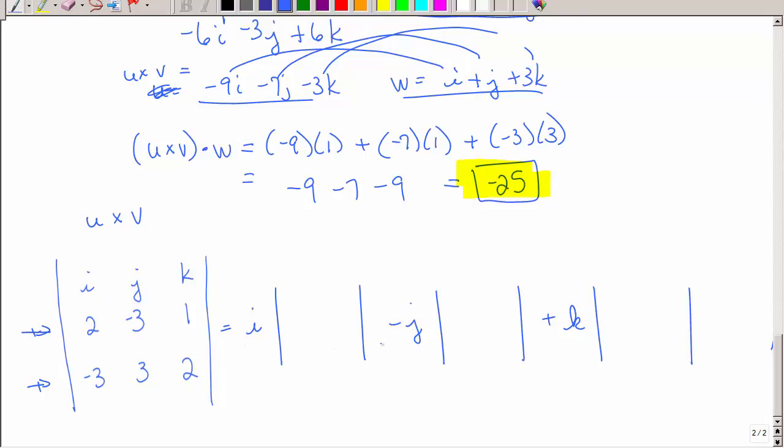Remember, it's plus minus plus. All right, so for i, you cross out the row and column that i is in, and you write down the corresponding numbers in the correct order. Then for j, and again, you'll get used to doing that mentally, but if you need to cross it out, go ahead. And again, make sure those numbers are in the correct order. And then k.